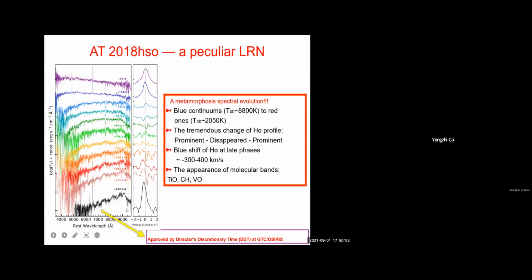At late times, we also find a blueshift of the H-alpha profile with a velocity of about 300 to 400 kilometers per second. The last spectrum was obtained by the 10.4 meter GTC telescope, and we can clearly find the molecular features here.